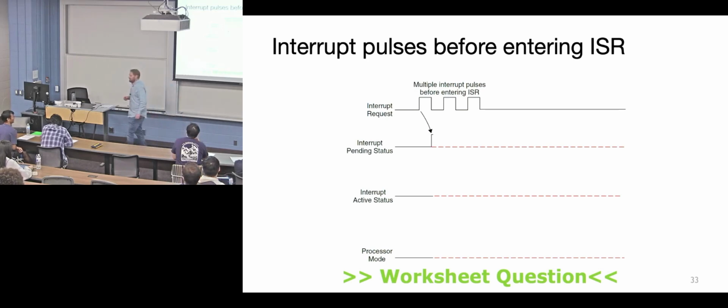Since you know that 3 of them went off but you can only handle 1 right now, save the other 2. I think you could do that. Or you could force the processor to do that interrupt multiple times: as soon as you get in that interrupt, go back into it and back into it 3 times. But I think what would happen is you could have some misbehaving external thing that's going off, and you might just fill your queue up for a very significant amount of time if you did that.